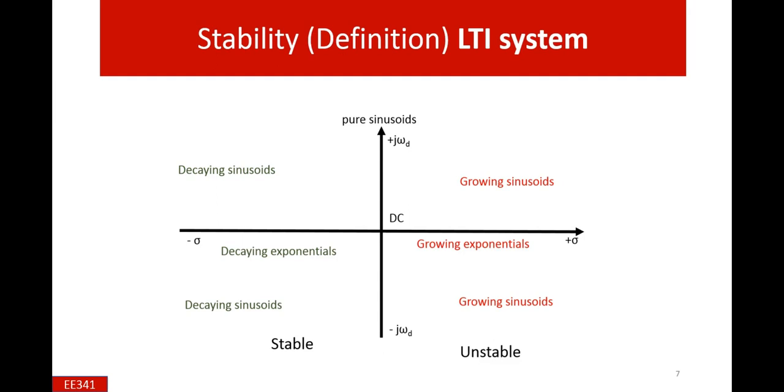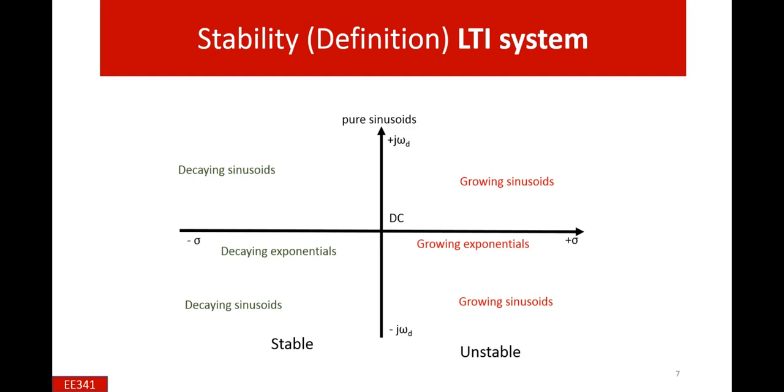If the poles deviate from the real axis, then the behavior is sinusoid. On the left half plane, decaying sinusoids, and on the right half plane, growing sinusoids.